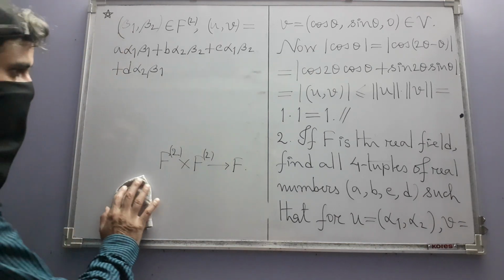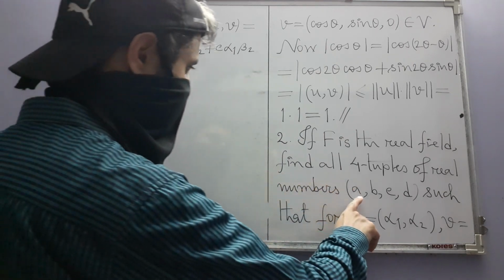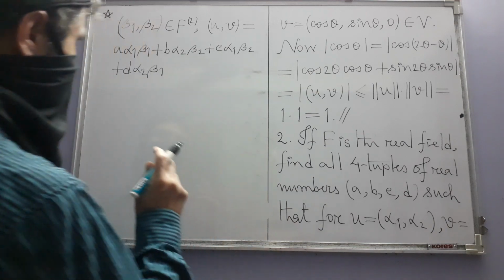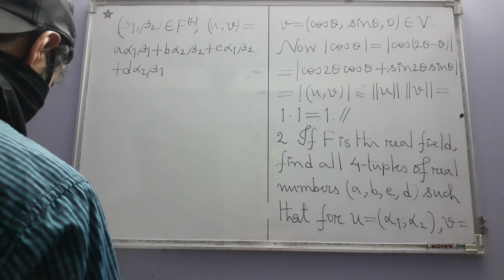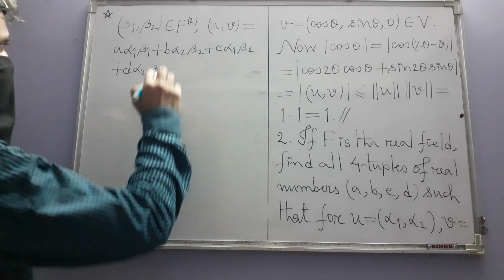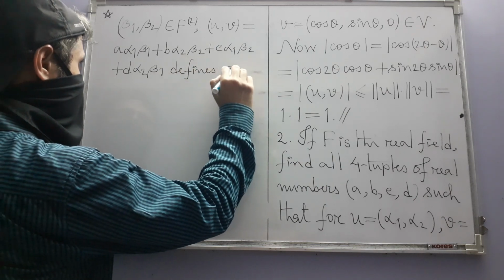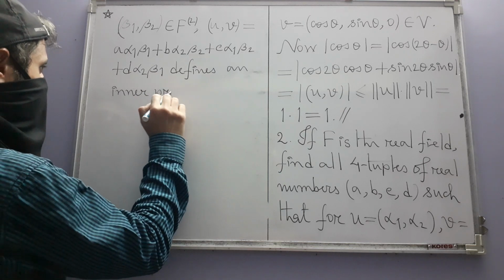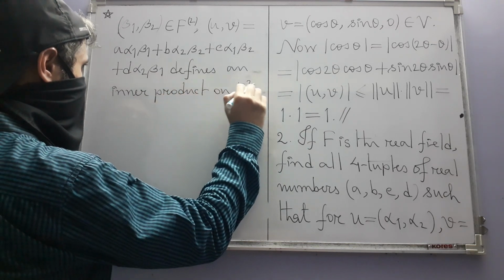Now the question is that we have to find all those four tuples of numbers. That means we have to find four real numbers for which this defines an inner product on F2.